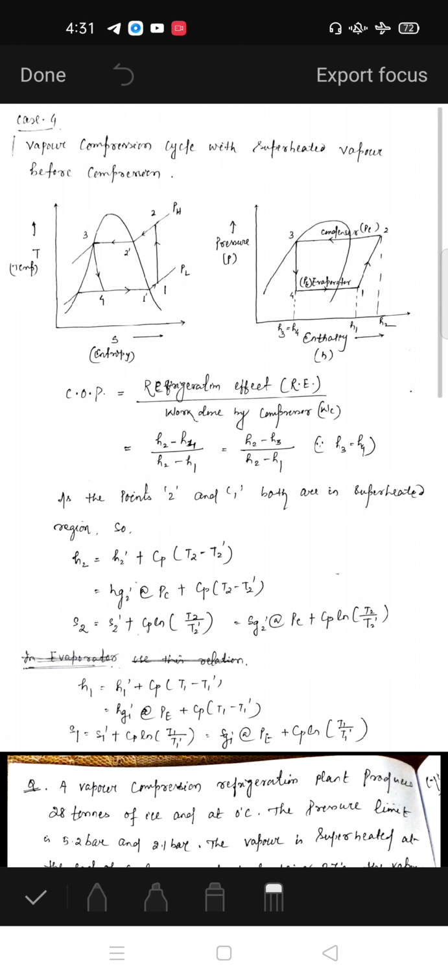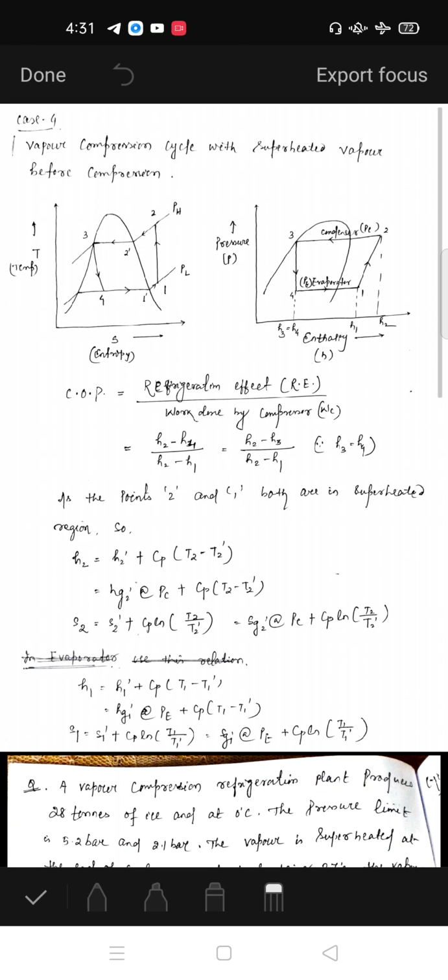Okay, so after drawing the temperature entropy and pressure enthalpy diagrams, now we are able to find the coefficient of performance. So what is the formula of coefficient of performance? That is the refrigeration effect to the work done by the compressor, that is RE by WC. But what is RE?